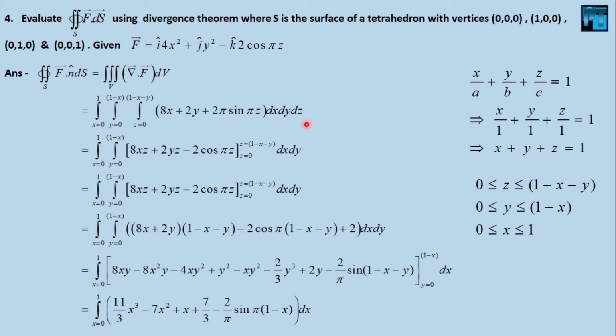Why? Because the upper limits are dependent type, not independent type. So the process is also the same. I have already shown you in my previous lectures. First, the z integration. After putting the upper and lower limits, we are left with this thing.